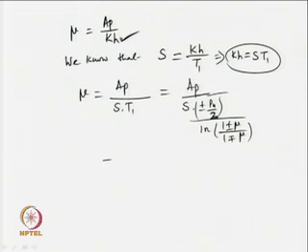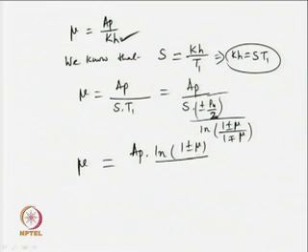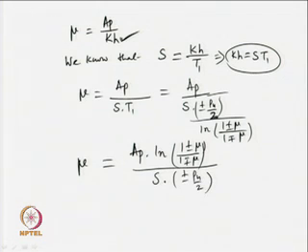So, which will be ultimately mu is equal to AP times ln 1 plus minus mu by 1 minus plus mu divided by S times plus minus pu by 2.